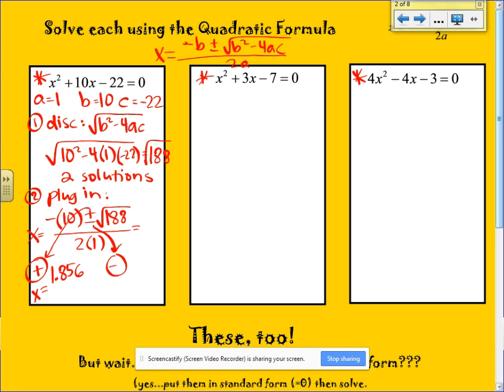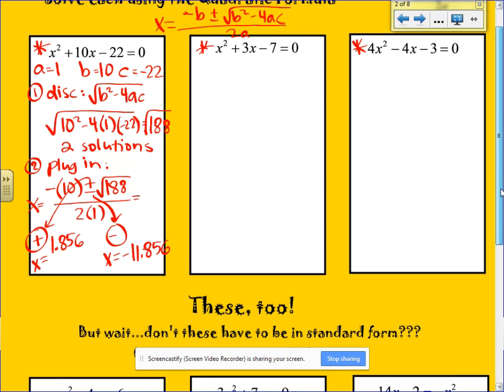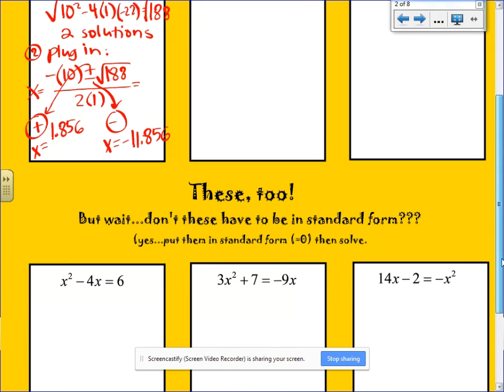So for our minus, open up parentheses, negative 10 minus the square root of 188, parentheses, divided by 2, is x equals negative 11.856.